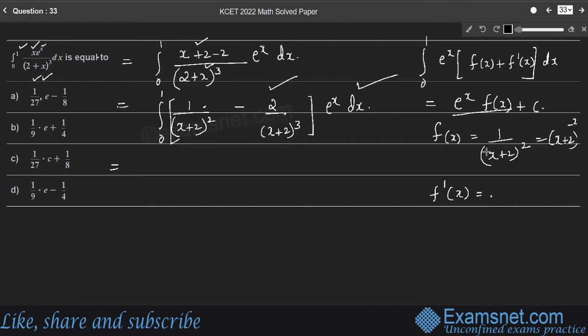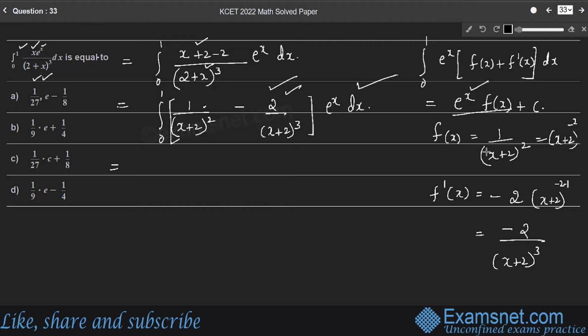So f dash x becomes minus 2 into (x plus 2) raised to minus 2 minus 1, which is nothing but minus 2 by (x plus 2) to the power of 3, which is nothing but the second term, f dash x. So it is equal to e raised to x f of x plus c, right?